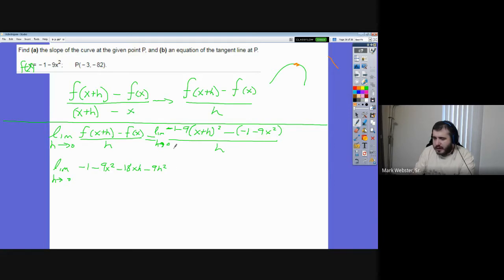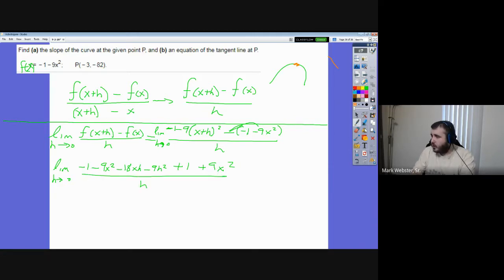When you FOIL this out, you should get x squared plus 2xh plus h squared, and then you distribute that -9 into all three of those. And then this negative sign distributes into these, right? Minus and minus, we got +1 plus 9x squared all over h.